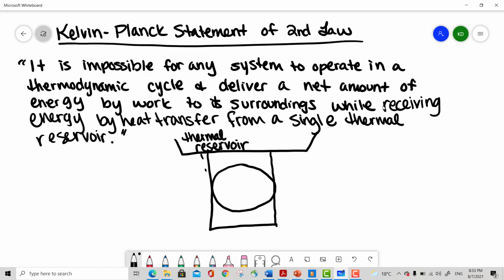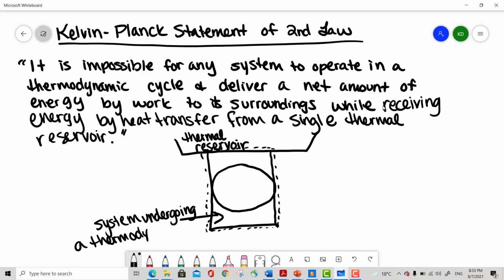Okay, and then this is what we're looking at. Let's denote our system. This is the system undergoing a thermodynamic cycle.